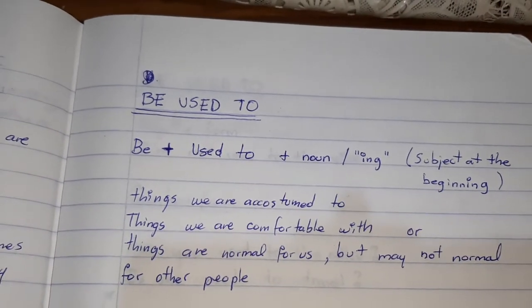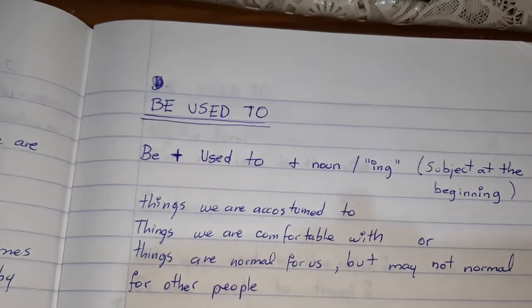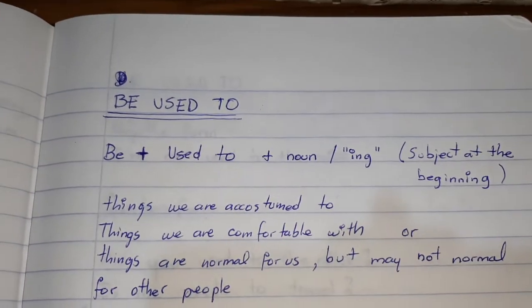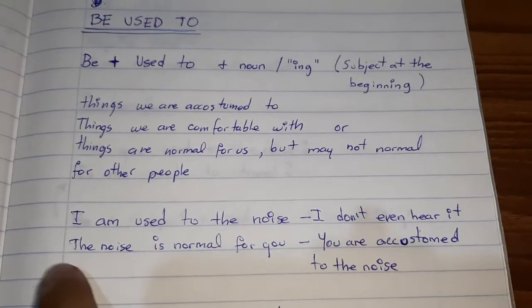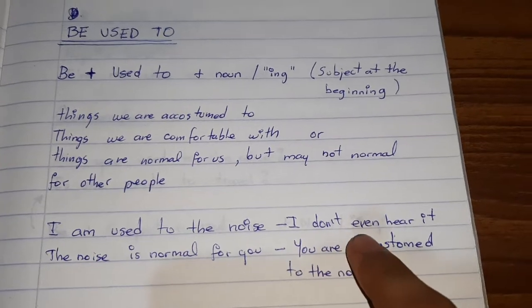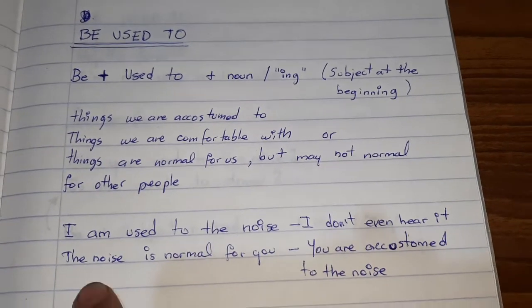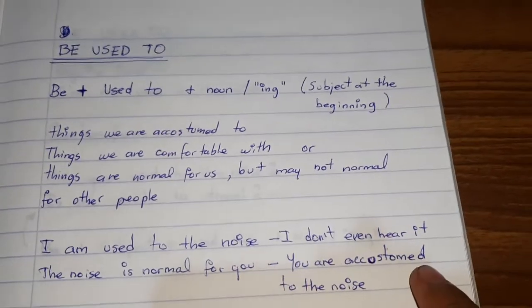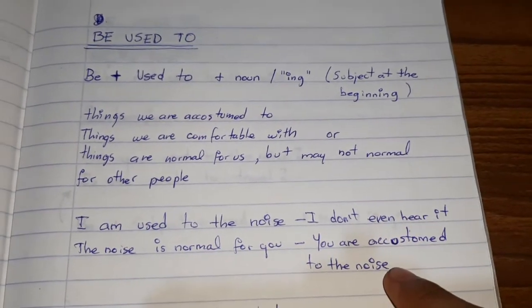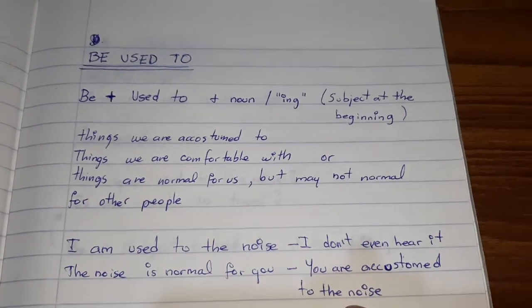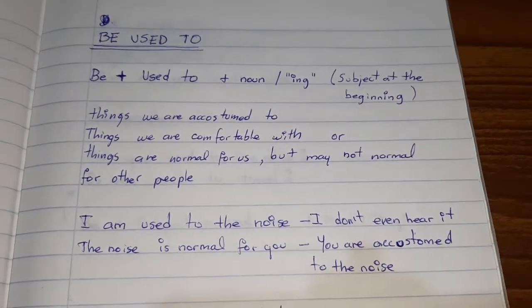She or he could tell me that they didn't sleep at all. And this is what I was telling you. I am used to the noise, so I don't even hear it. The noise is normal for you. In this case, I'm accustomed to the noise, but the other person isn't. So this could be a use of be used to.